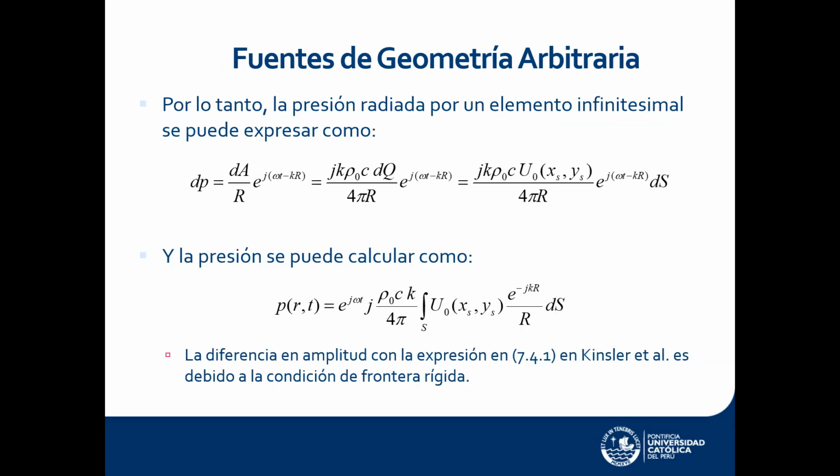Based on everything that we said before, we can have the differential of pressure produced by that tiny piece of the radiator vibrating as the differential of amplitude times e to the minus jkr divided by r.